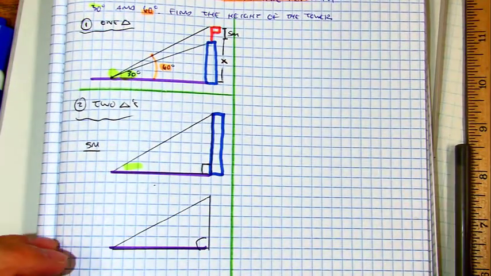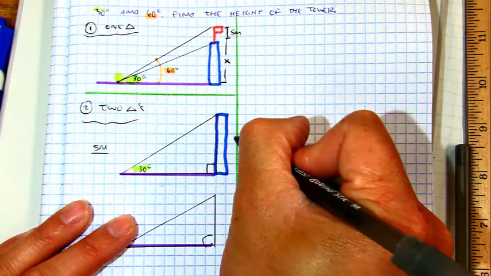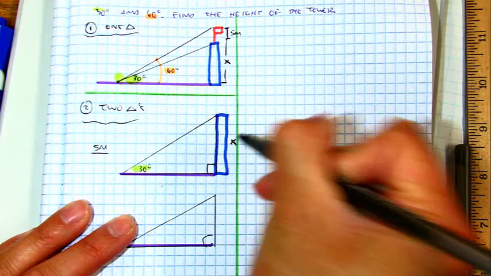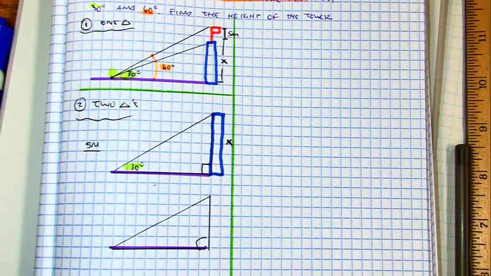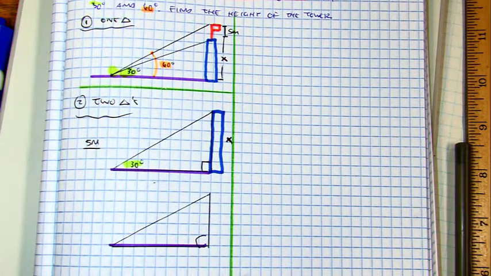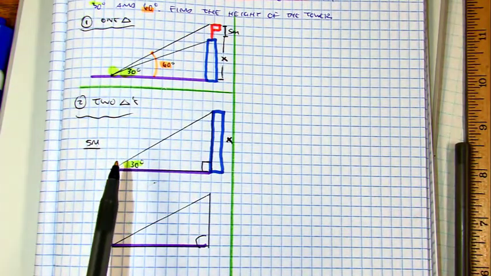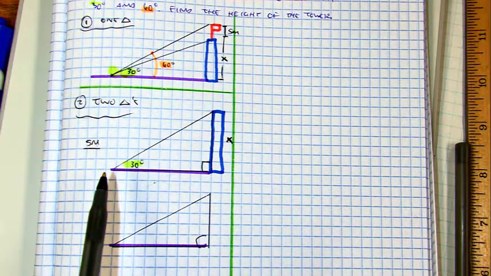Uh-oh. You guys seeing it? We want to solve for x. But what's missing? You can't use trig ratios because although you have an angle, trig ratio needs an angle and then two sides. Do we have a second side? No, it's an unknown.